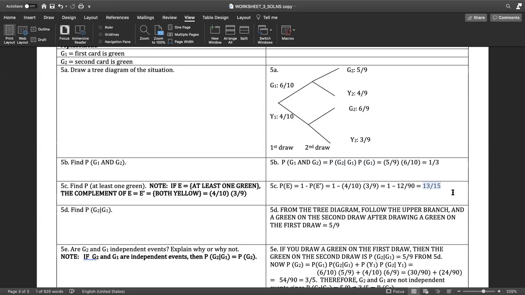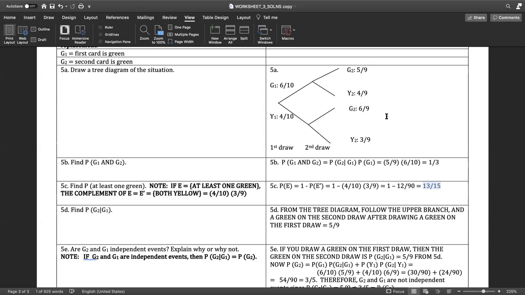Now, some of you did this in the following way. You said, well, at least one green means that I get a green followed by yellow, 6/10 times 4/9. Or I can get 2 greens, and that's 6/10 times 5/9. Or I can get a yellow first and then a green on the second draw, and that would give me 4/10 times 6/9.